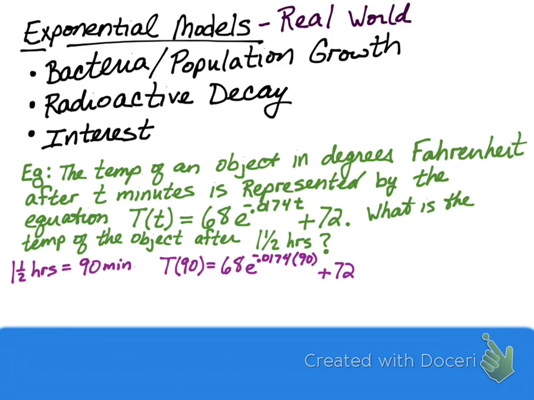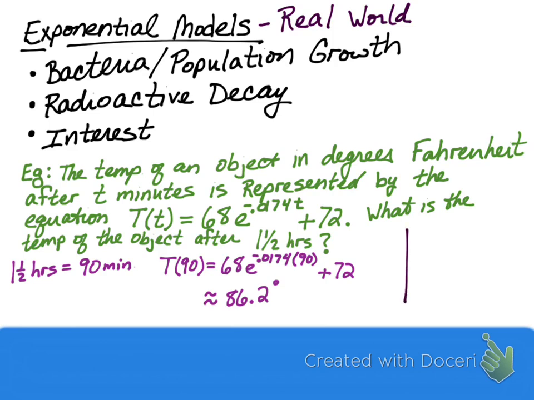So in order of operations, we're going to first take the product, negative 0.0174 times 90, and then use that as the exponent, e raised to that power, multiply by 68, and then add 72, and we end up finding that the temperature at 90 minutes is going to be 86.2 degrees.